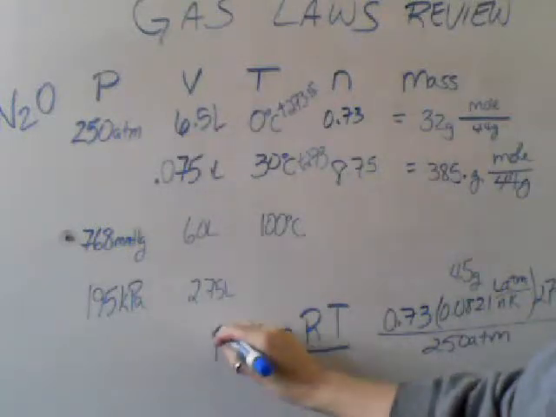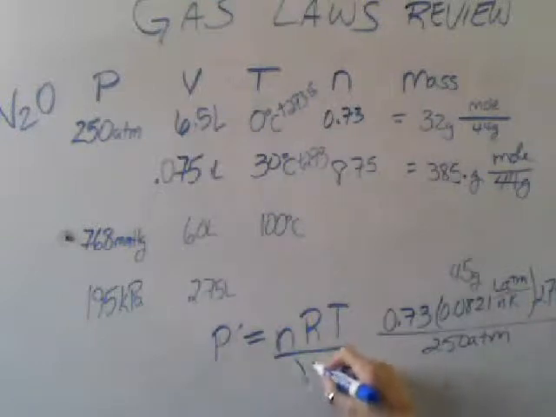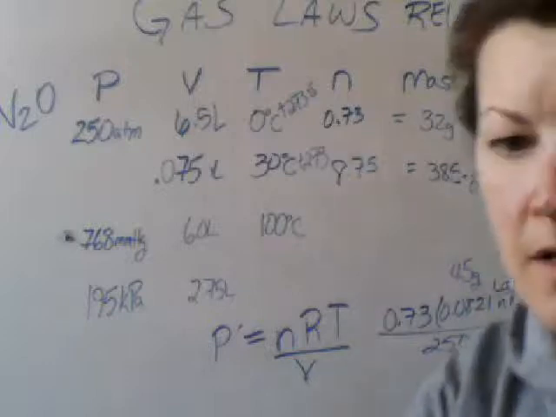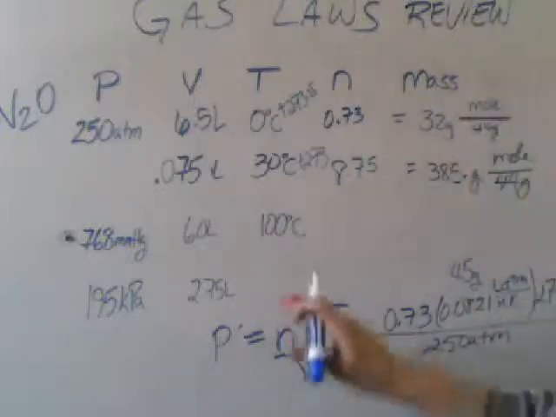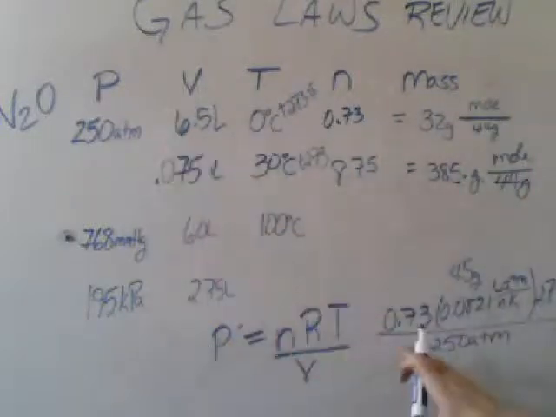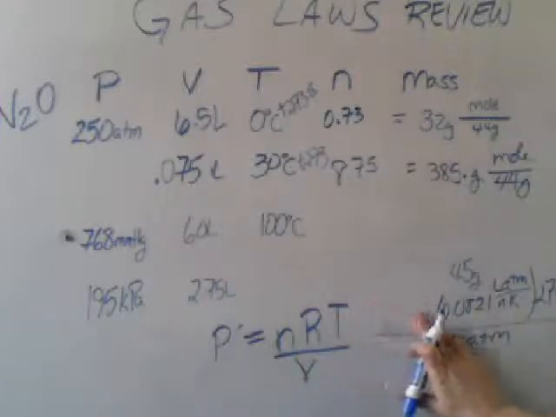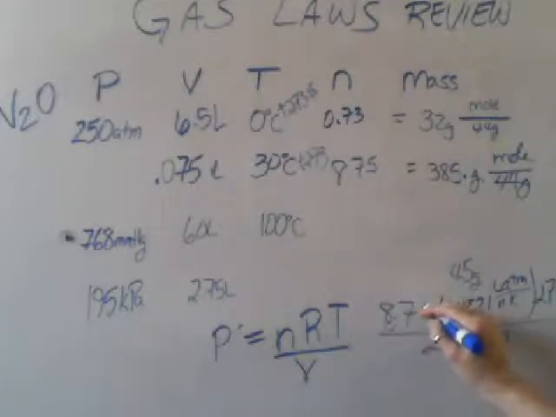And we can use our same equation, our PIV-NERT. This time we're solving for the pressure, so we're going to divide by the volume. So we will put these volumes in here. We have 8.75 moles.